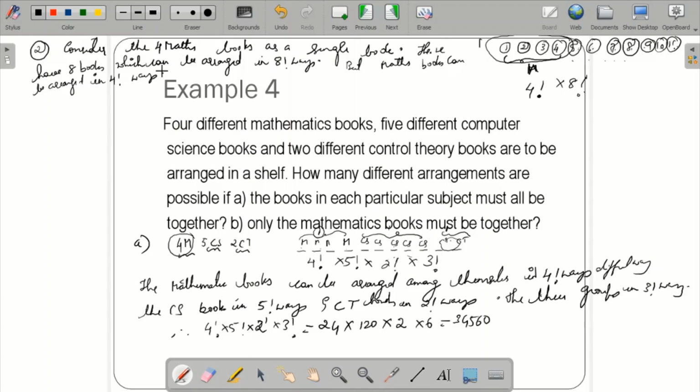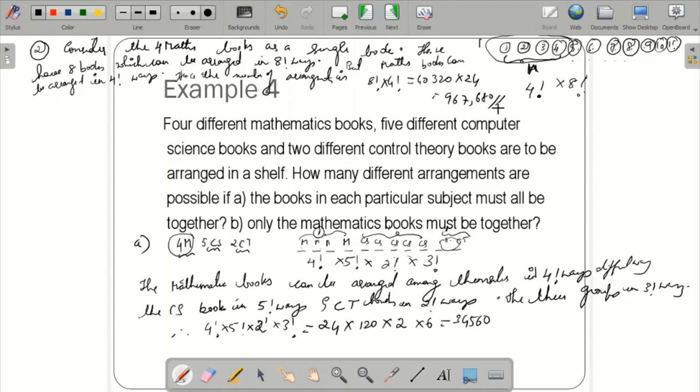So hence the number of arrangements is 8 factorial into 4 factorial, so that is equal to 40320 into 24, which is equal to 967680. So this is the answer for the second sub question.